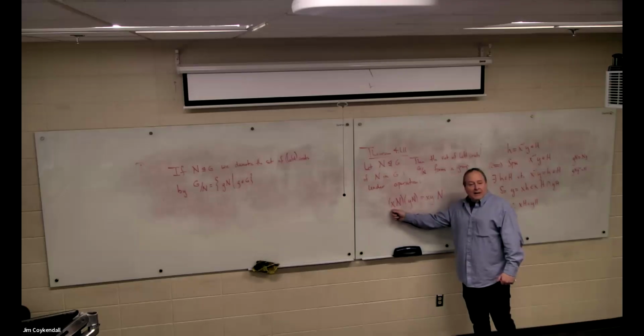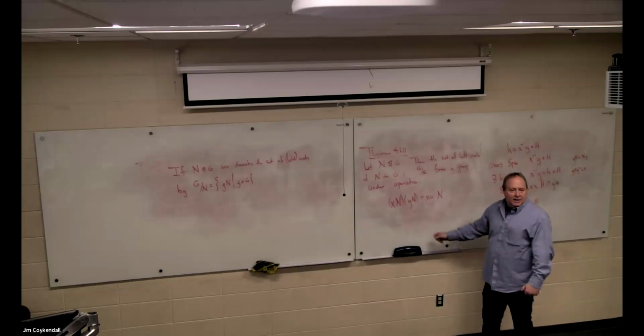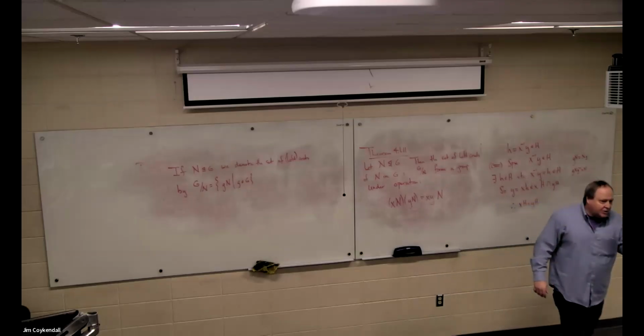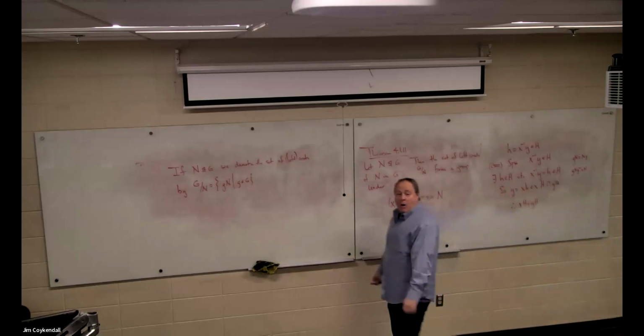Right? I might take xn for this representative and yn for this. You might have a different one. Remember how the cosets have different elements in them? You might take x1 and y1. So I would get xy n and you would get x1 y1 n. We need to convince ourselves that you get the same answer every time. Those two turn out to be the same. Otherwise, this is crap, right? And we don't want crap. All right. Any questions?